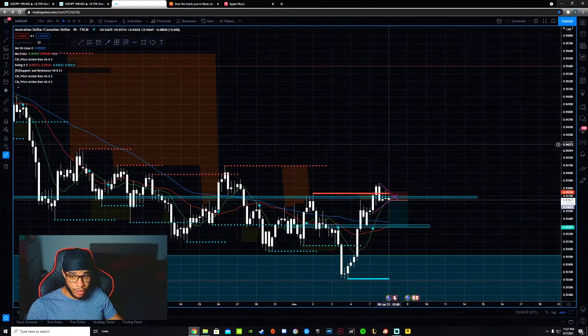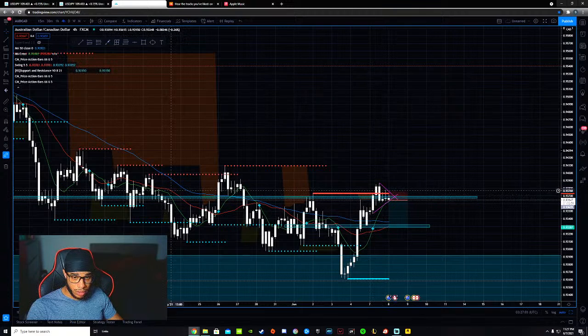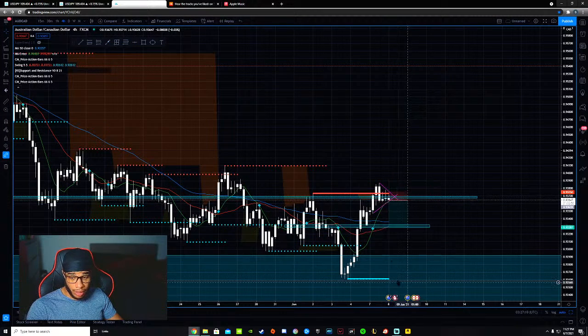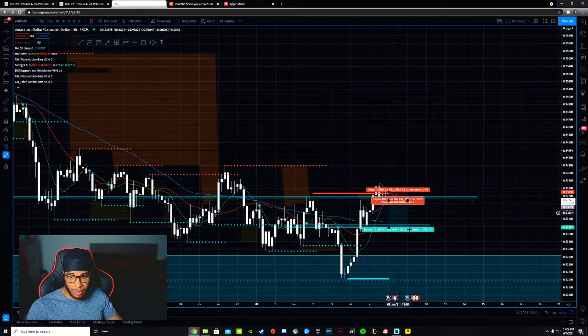Then we get into the 4 hour and you can see there's rejection of this level right here, which is why I decided to put in the sell. I can definitely see price rejecting this level, pushing down, possibly all the way down to here, but to play it safe and not be greedy, I put my take profit here.